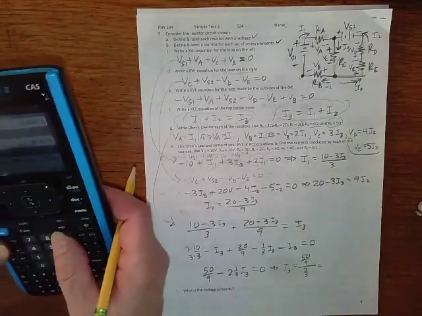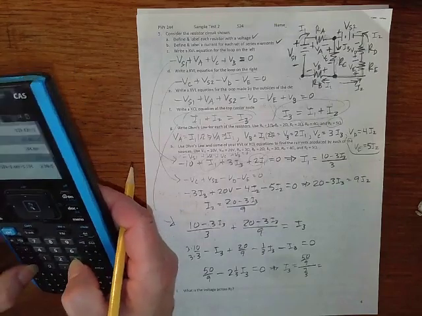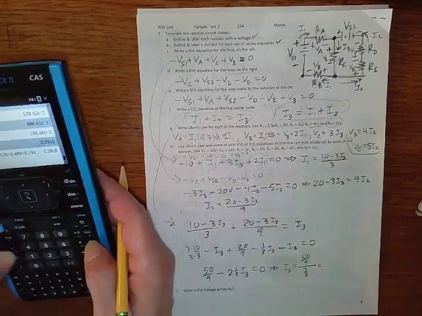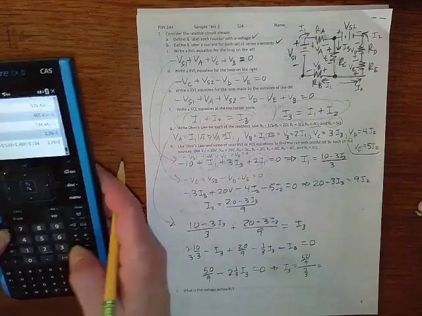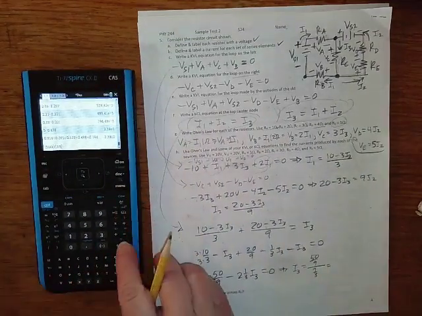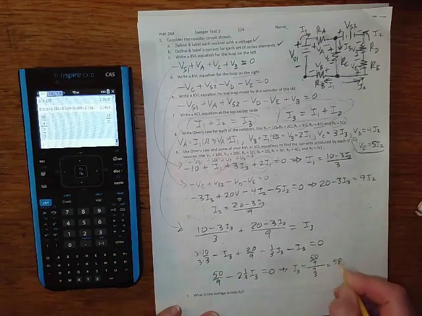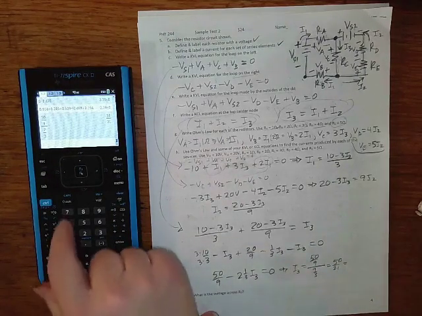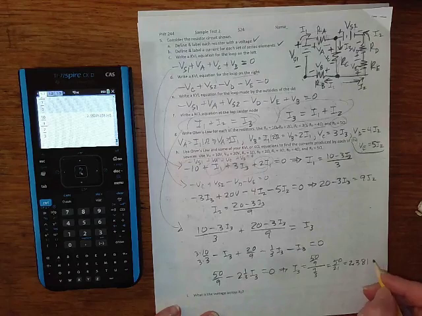So I3 is 50 divided by 9, that whole thing, divided by 7 divided by 3. Is 50 over 21, which is 2.381 amps.